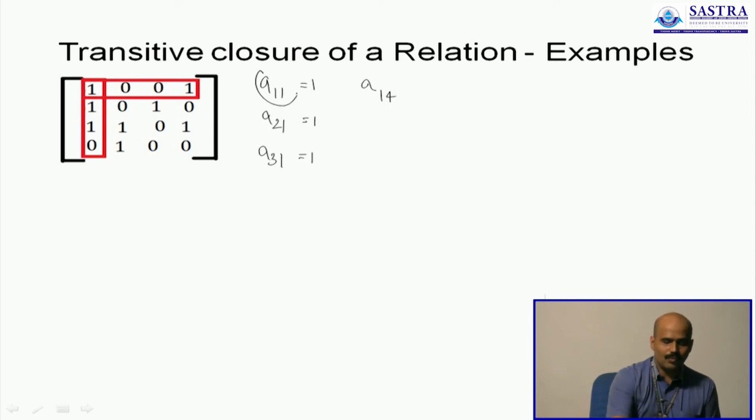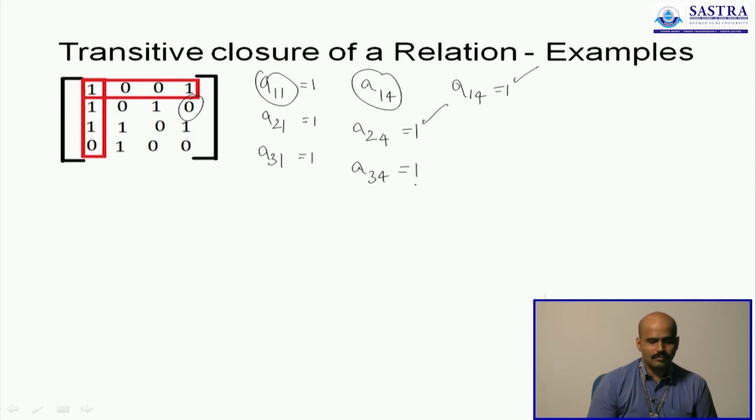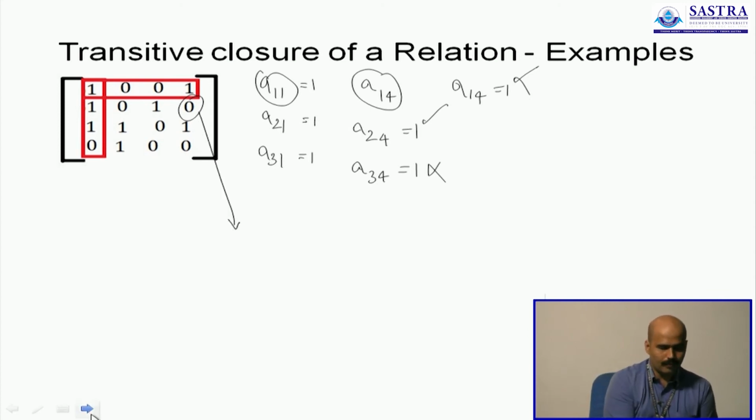So 1 1 and 1 4 will mean that A1 4 is a 1, that's already a 1, so there is no change. 2 1 and 2 4 will mean that A2 4 is a 1, 2 4 is not a 1, so we'll make that change. 3 1 and 3 4 will mean that A3 4 is a 1, but that's also a 1, so there's no change there. There's only one change that you're going to bring to effect, and that's in the second row and fourth column.